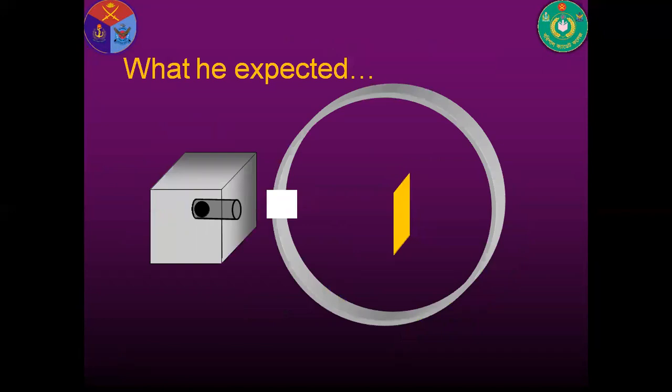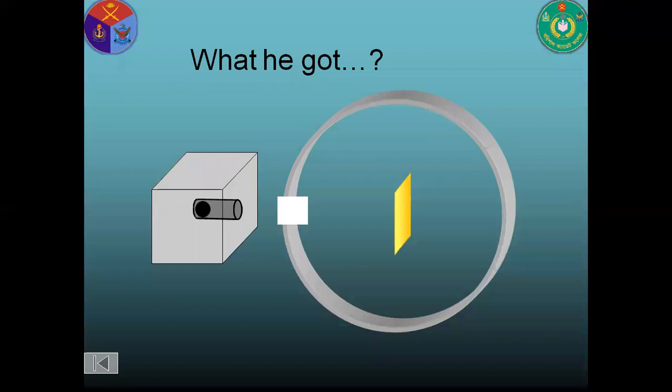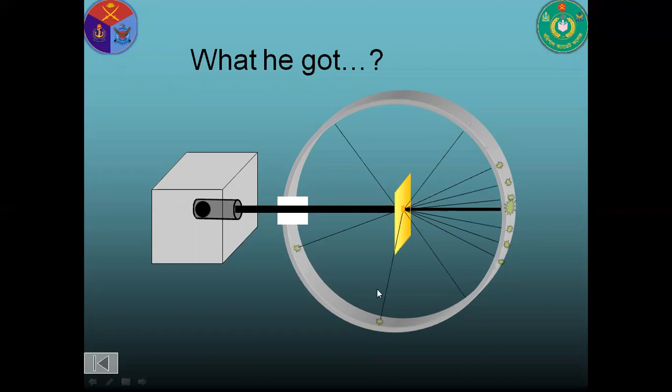What he expected from his experiment was that the paths of the alpha particles would be straight, but what did he get? In the real case, some of the alpha particles go through in a straight line, some are deflected, and some are bounced back.